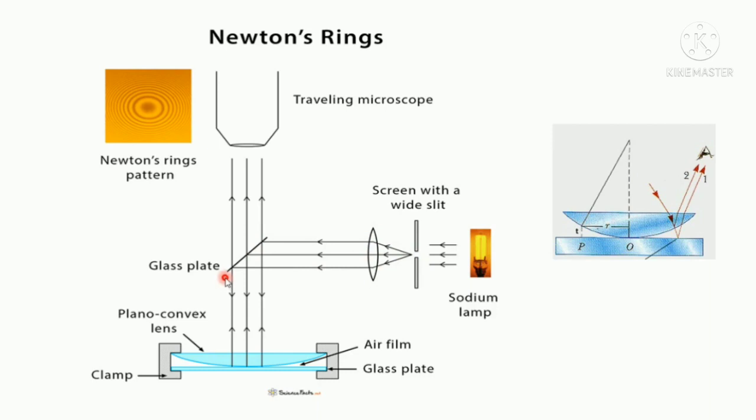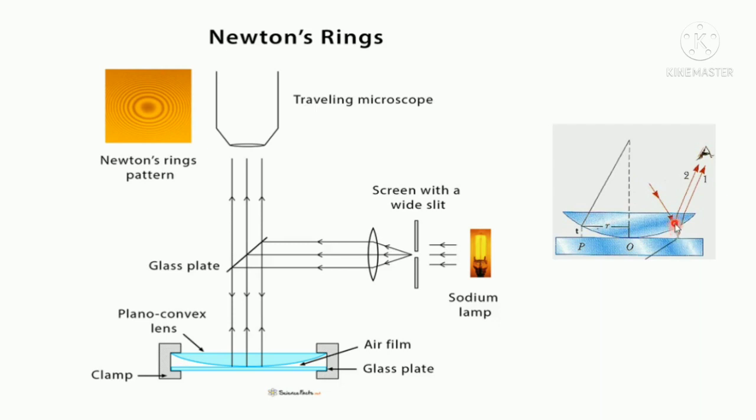This is a plain glass plate kept at 45 degrees, so that the angle of incidence is 45 and the angle of reflection becomes 45, and the light falls normally on the arrangement. Then it is reflected back. We can see an air film here on the right-hand side of it.